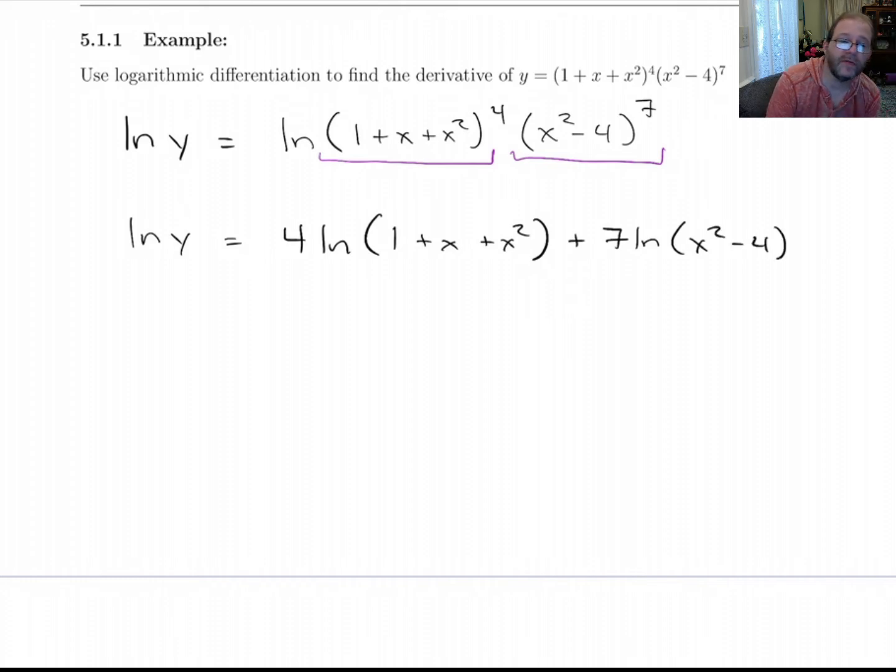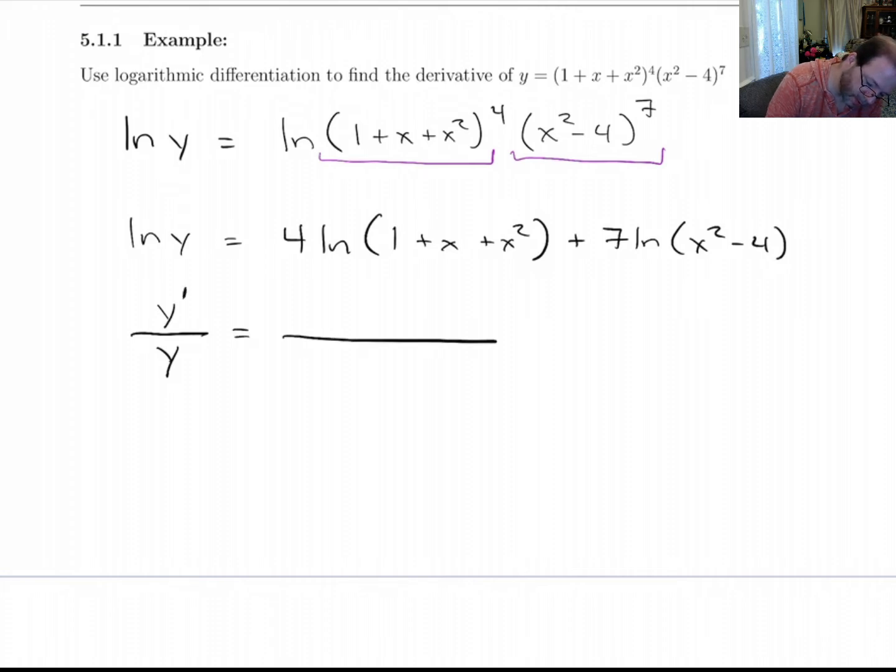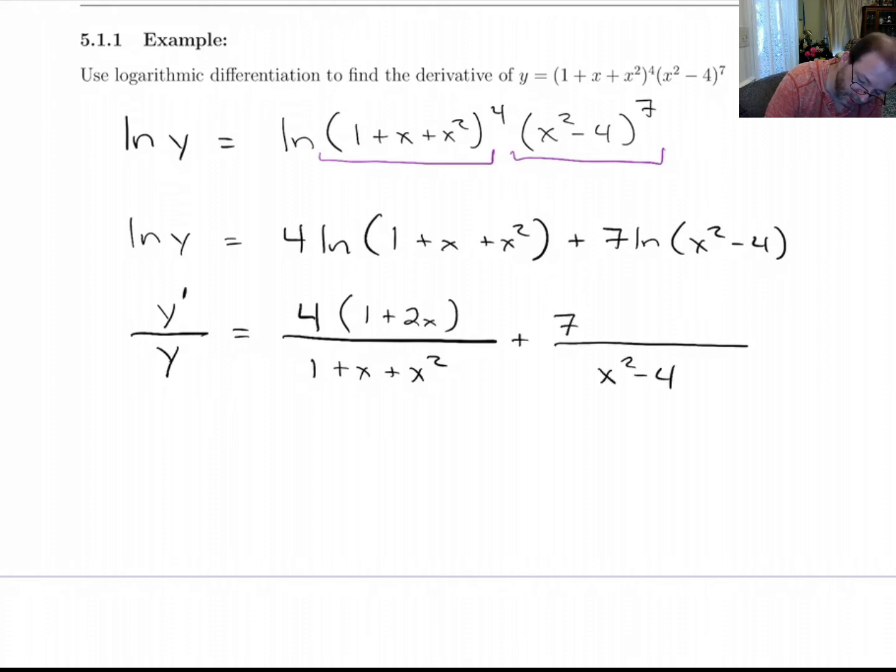Now we'll take the derivative of both sides. Derivative of natural log of y goes downstairs, its derivative goes on top. This, we've got a 4. That goes on bottom, its derivative goes on top, its derivative is going to be 2x. Let's see, x squared minus 4 on bottom, its derivative 2x on top.